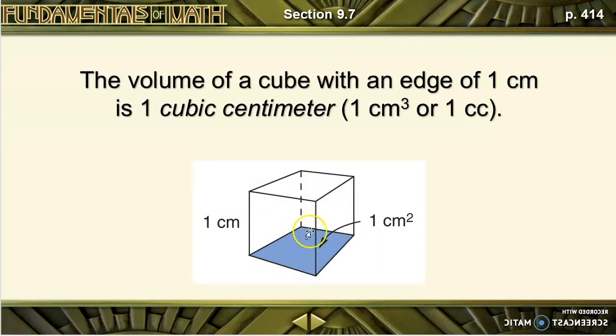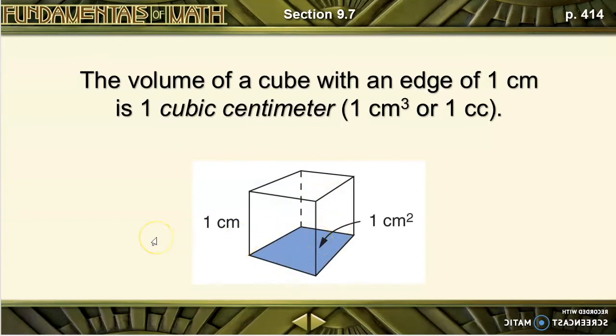So here's an example right here. The area would be the blue section, just how many square centimeters would be on the inside of this blue section. The volume is going to be everything on the inside of this cube.